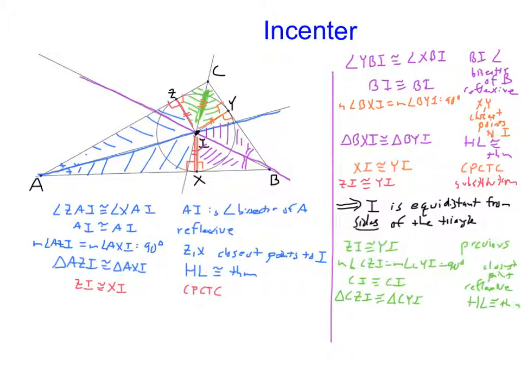Previously over here, I knew this side was shared between those blue triangles. I knew these angles, and I knew these angles, but I didn't know any other sides. So hypotenuse leg, really I only had the hypotenuse. I had no leg. I was assuming a leg to prove a leg. So assuming the conclusion. So hypotenuse leg here is wrong.